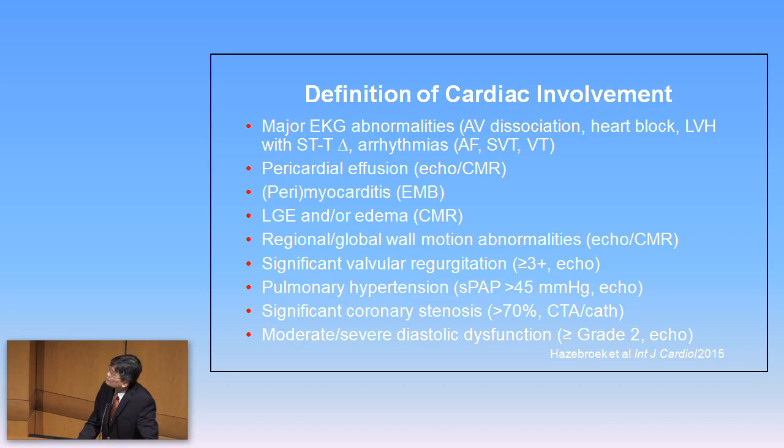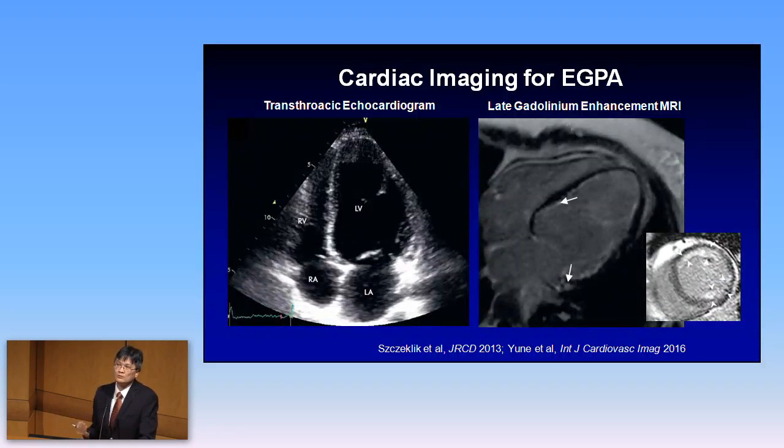So these are examples. Here you can see even some shadowing in the typical area at the apex, which is where the majority of the scarring occurs. In echo, you actually do not see the scarring per se. You can only see the wall motion being slightly or significantly altered.